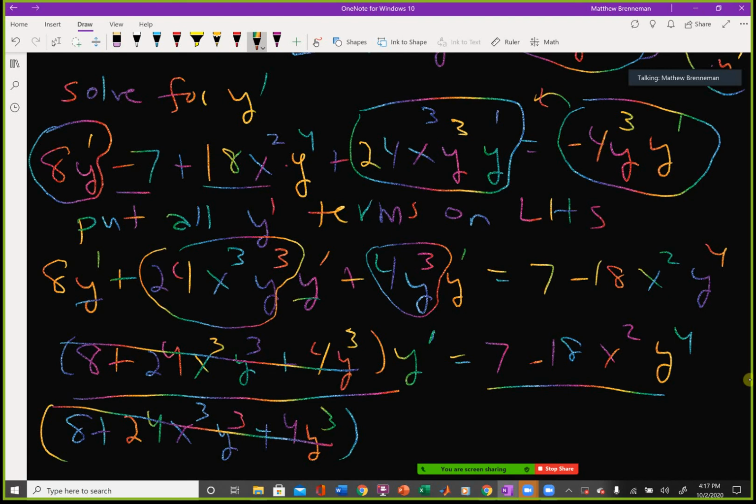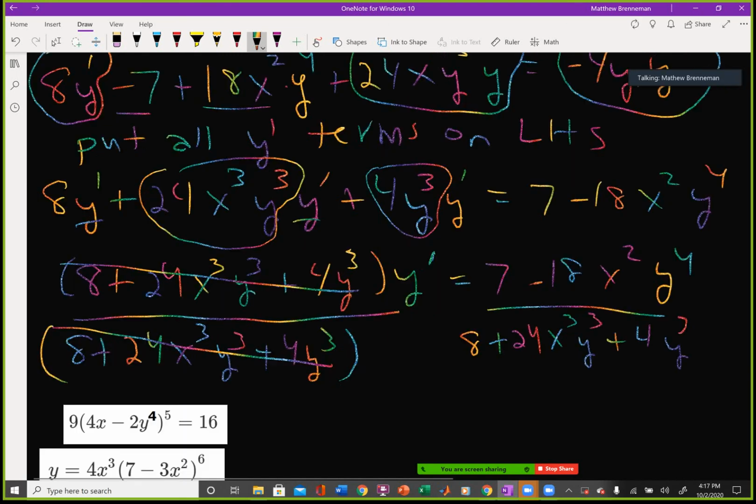So it'll cancel. Whatever I do to one side, I have to do to the other when I have an equation, right? And plus 4y cubed. Okay? And now we just write our final answer.